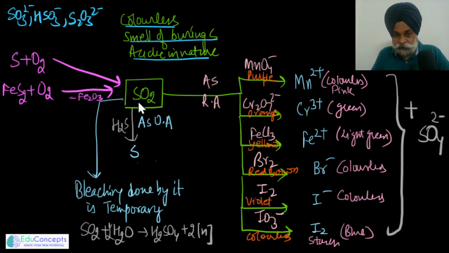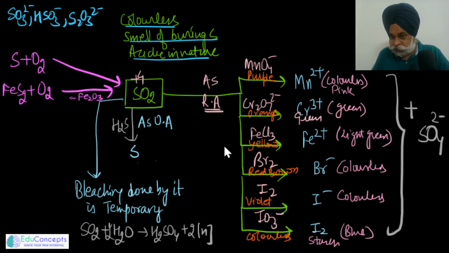So treat it with some oxidizing agent, because it itself is a good reducing agent; because it is in plus 4 oxidation state, it can go to plus 6. So it turns purple KMnO4 to colorless or slight pink, and dichromate from orange to green.